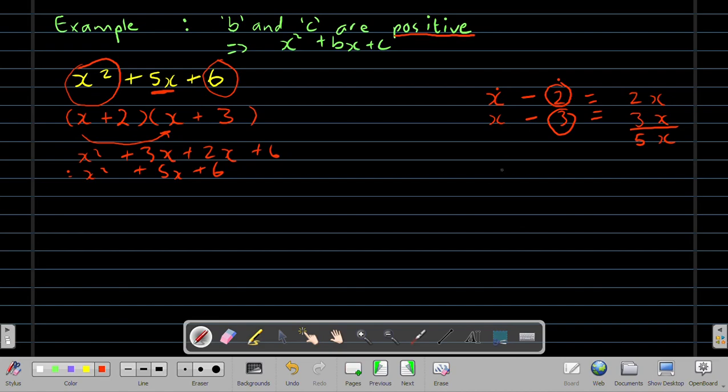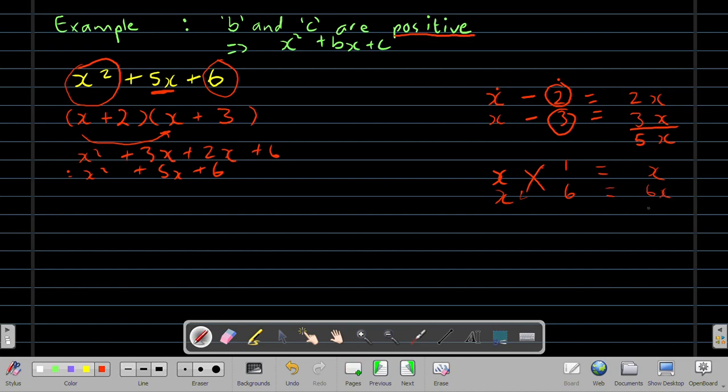It was also possible that you would have actually started with 1 and 6, right? So in this case, if you were to multiply 1 times 6, 1 times x, you will get x, and x times 6 will give you 6x.